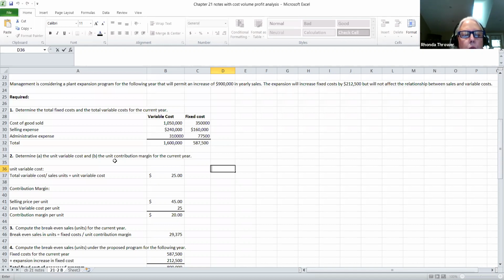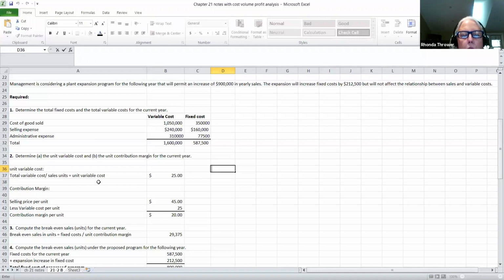In the second part of this problem, they wanted you to determine the unit variable cost, and they also wanted you to determine the unit contribution margin for the year. So for A, to determine the unit variable cost, you need to know your total variable costs, and you divide it by the sales in units.